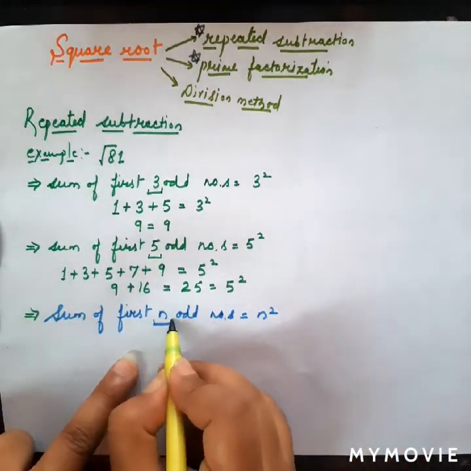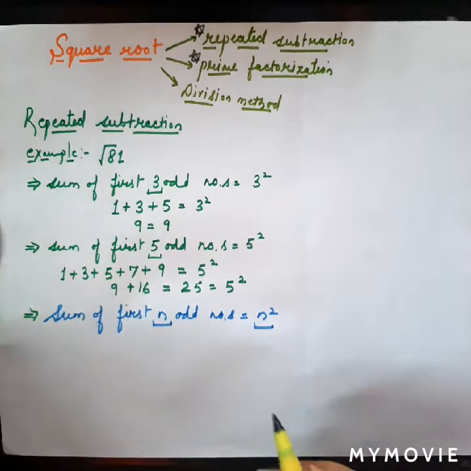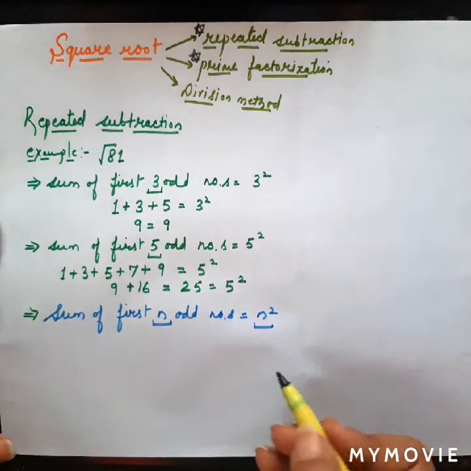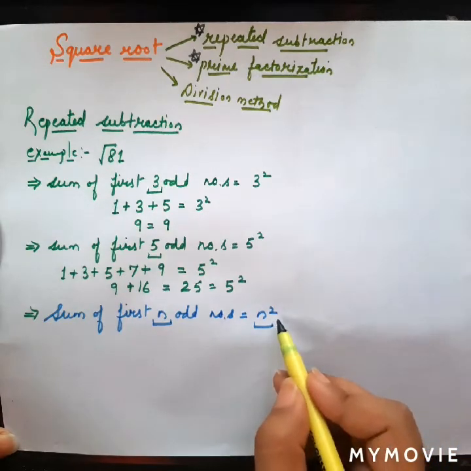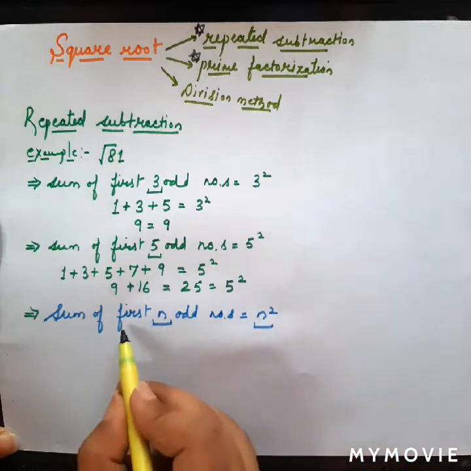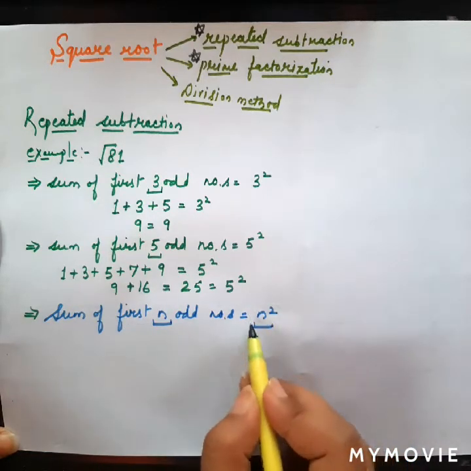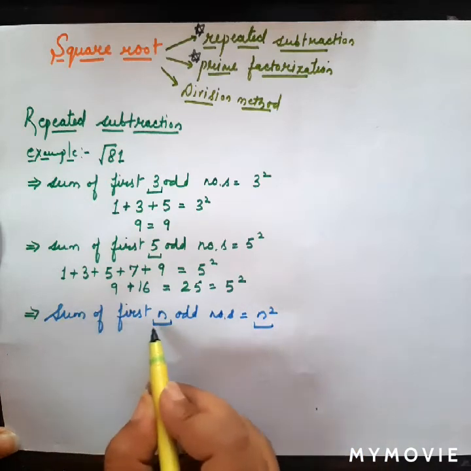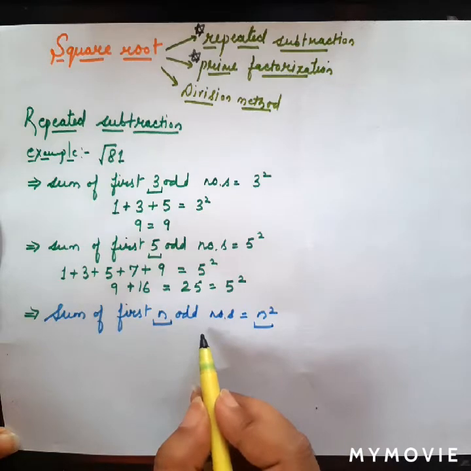What I want to tell you with all this is that the square of any number can be written as the sum of odd numbers, the first n odd numbers for that number n.